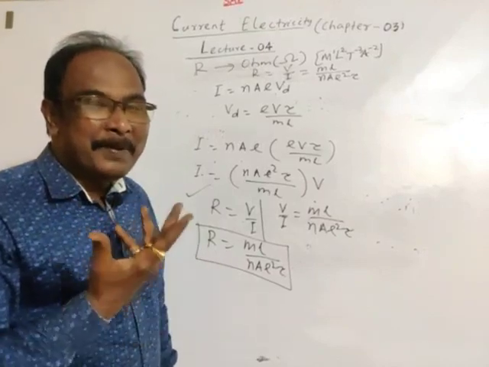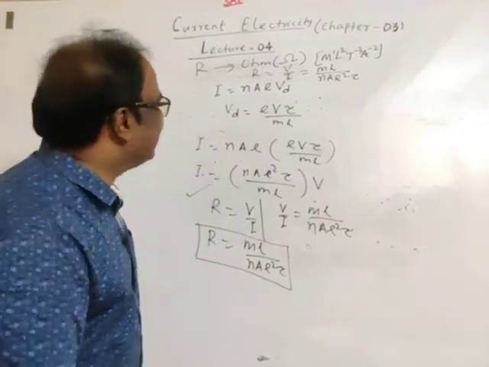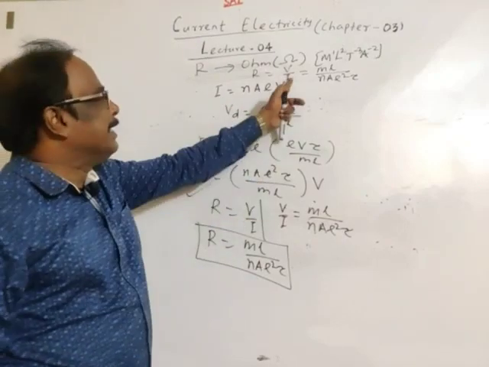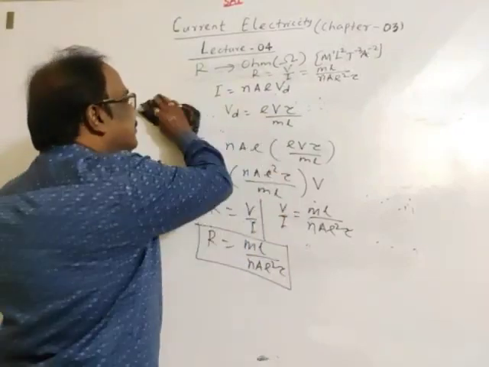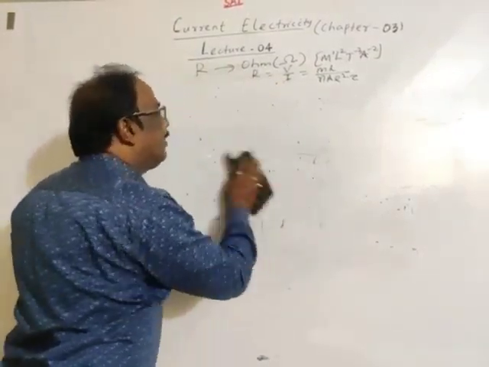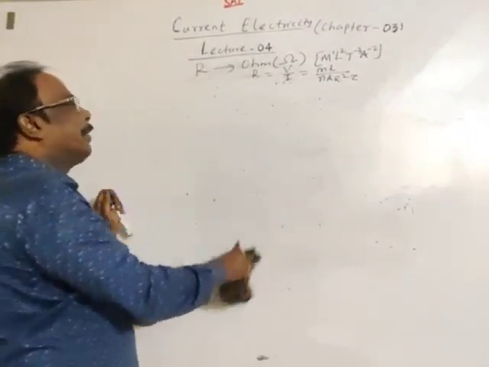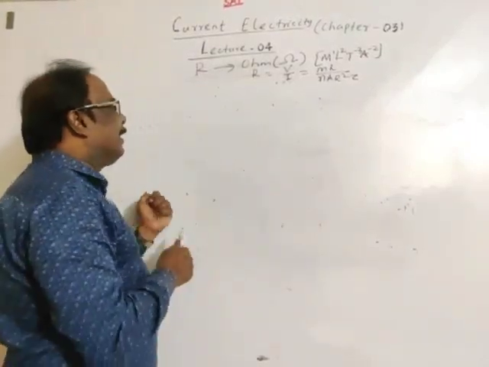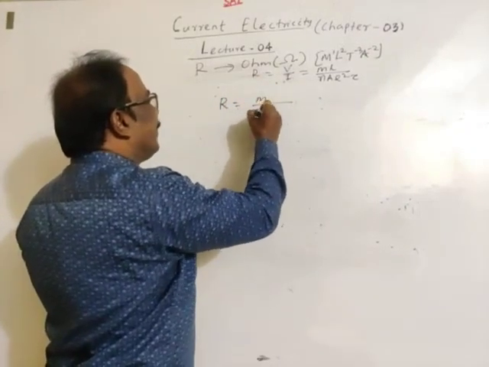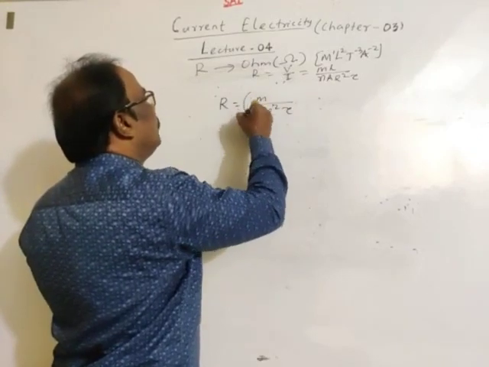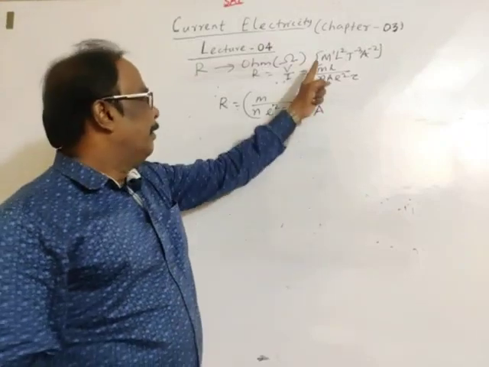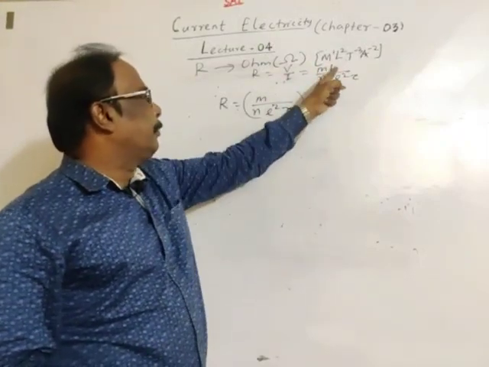Can I erase all these? Okay, this is the final formula for resistance. We may write the resistance like this: m by ne²τ into l by A.